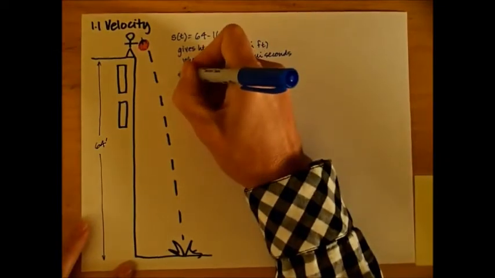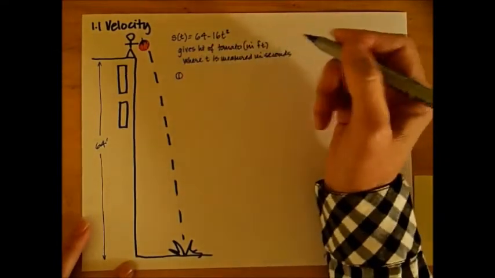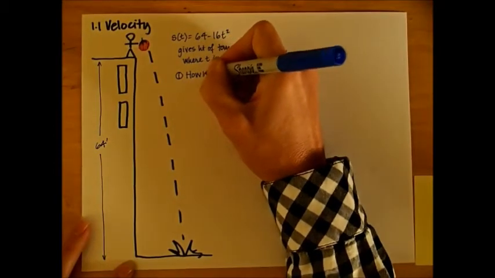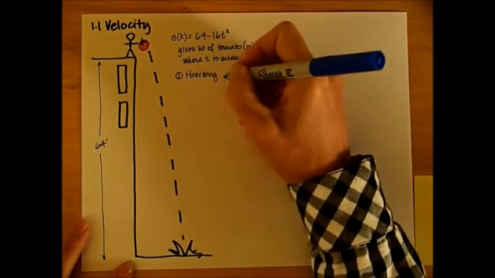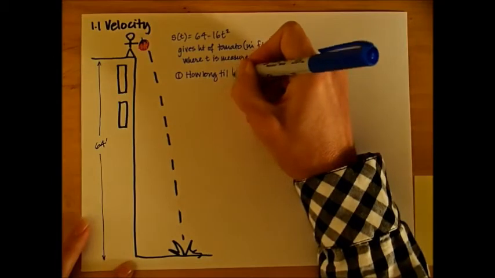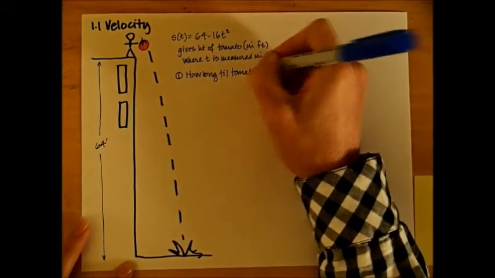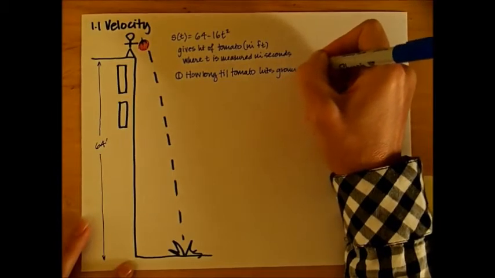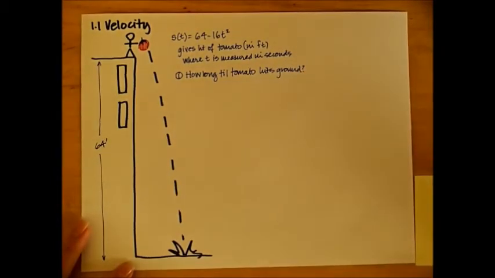So the first thing that we could do is answer the question, how long does it take the tomato to hit the ground? So we're looking for the value of t, because we want to know the time that it's going to take.